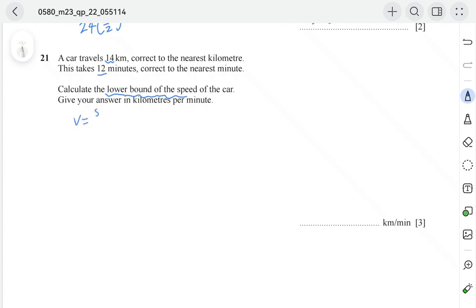Speed is equal to distance over time. In order to have the smallest speed, which is the lower bound, we want distance to be decreased as it's directly proportional, and time to be increased as it's inversely proportional.